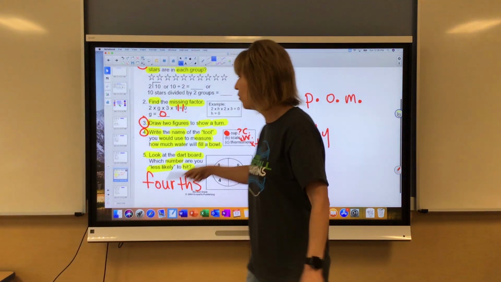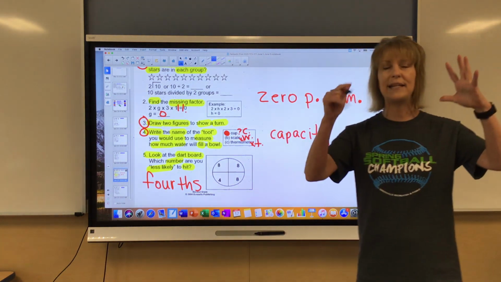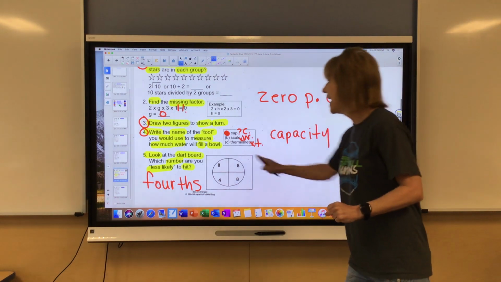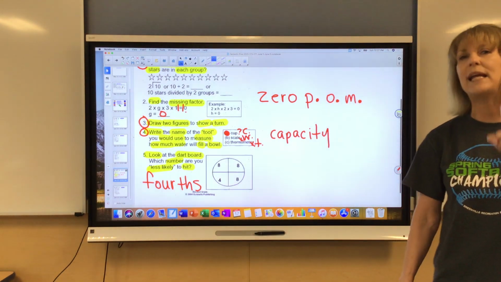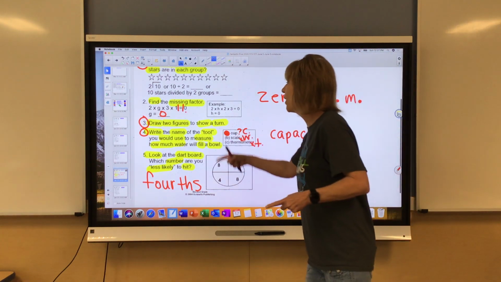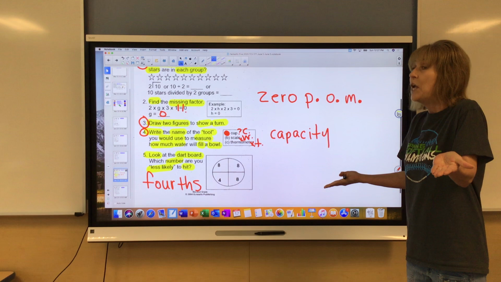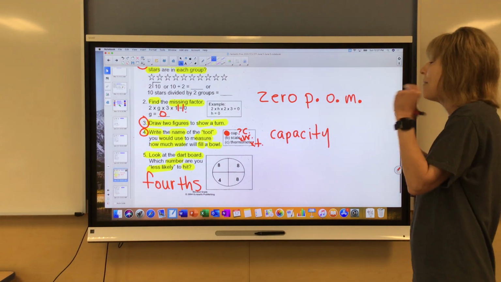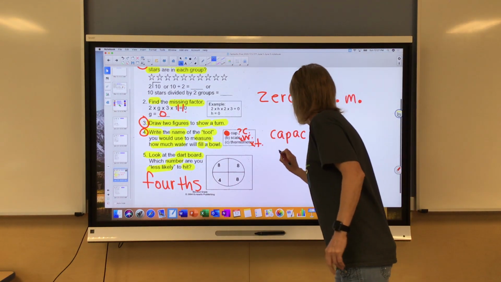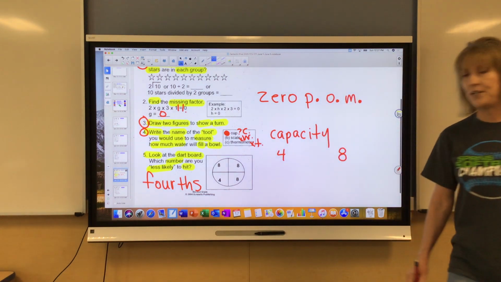We did this when we worked on fractions a couple of weeks ago. We took some paper plates. We took some circles and we partitioned them into 4 equal pieces or fourths. Now I look at that dartboard. The 2 numbers I could throw my dart and get, I could get a 4 or I could get an 8.